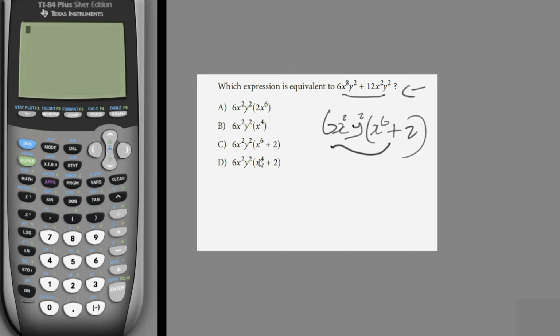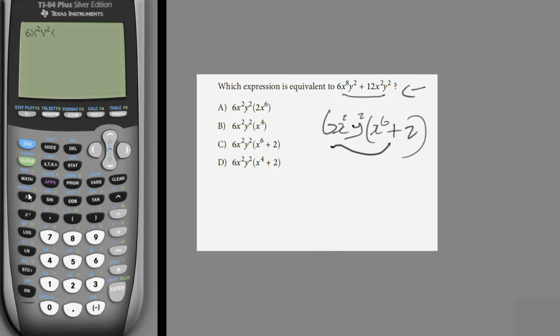So let's check option C. We have 6, x squared, y squared in brackets.